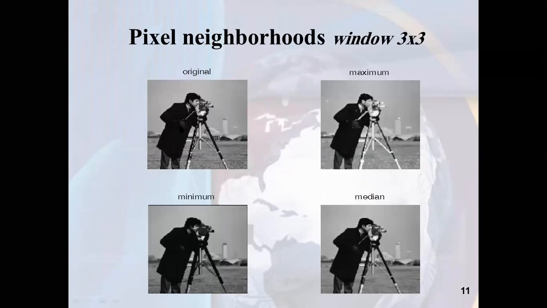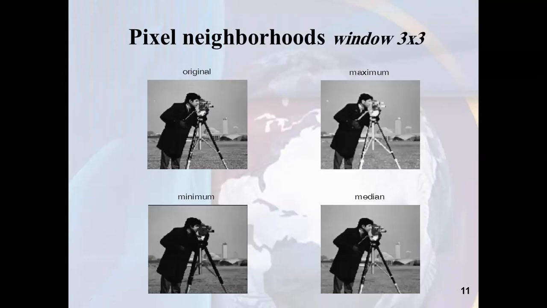But when I want to apply a filter on the foreground, for example on the face of the cameraman, on the camera itself, or on the building, I cannot apply a large filter because it may distort the details of the battlements of the building, the face of the cameraman, or the camera itself.